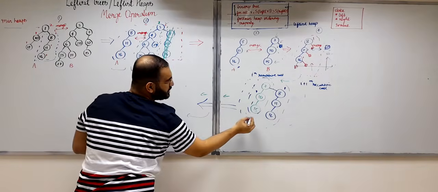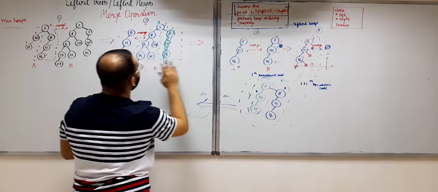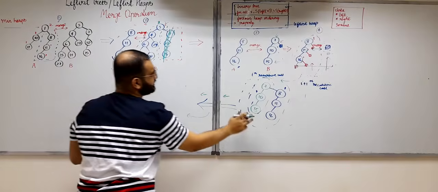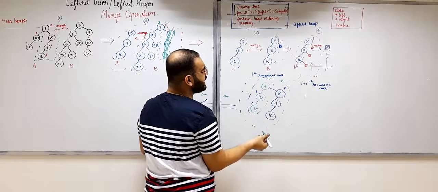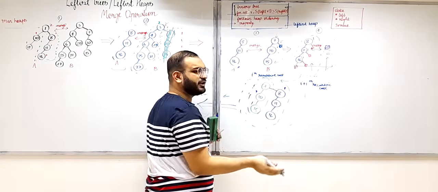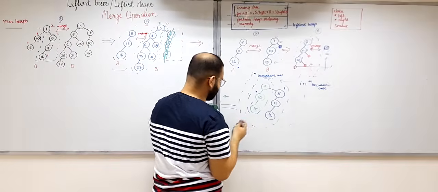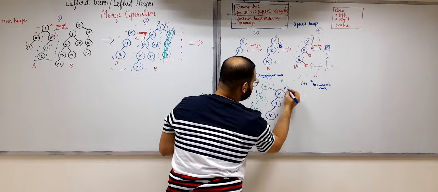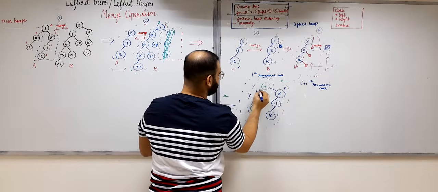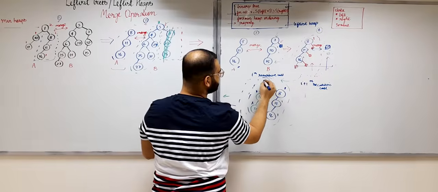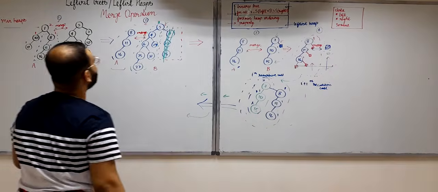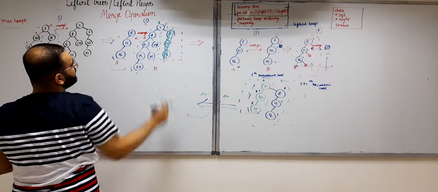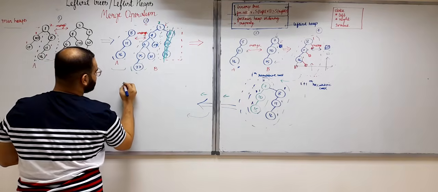So now we want to merge, or you can say attach, this leftist heap and this leftist heap. We need to find out the S value. The S value will already be stored with all the leftist heaps. So the S value of this is 1, this also 1, and what is the S value of 7? It will be 2, okay? And what about the S value in the case of this leftist heap? Let me draw this leftist heap over here.